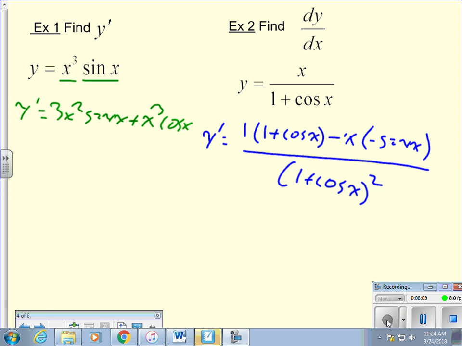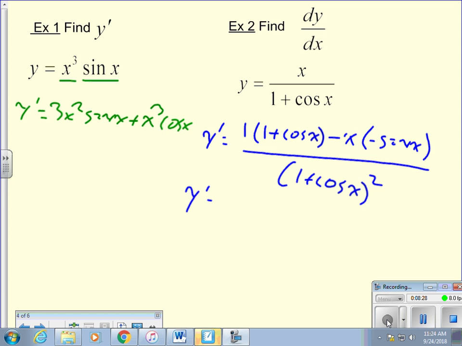Okay? And then you try to see if you can simplify things down. I know, because I've seen it, a lot of you wish to reduce right now. You cannot reduce this fraction, can you? No, because 1 plus cosine x and other stuff does not cancel with 1 plus cosine x.